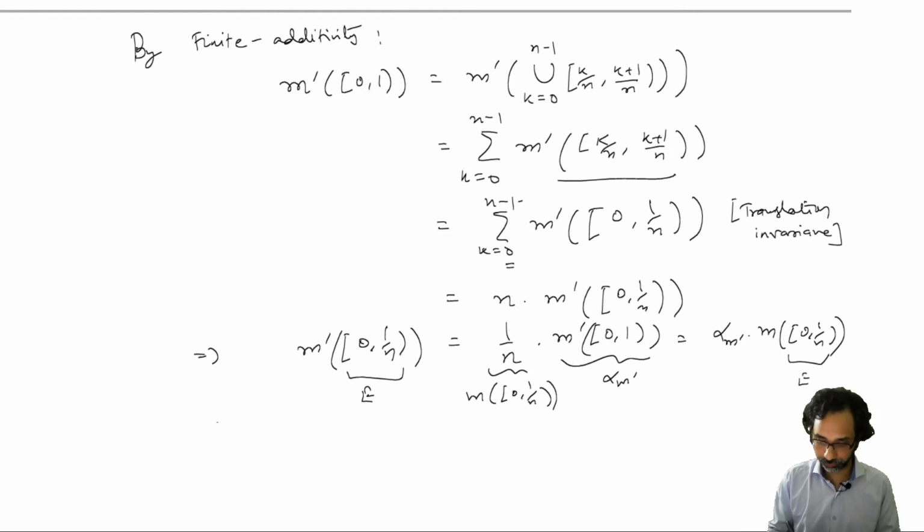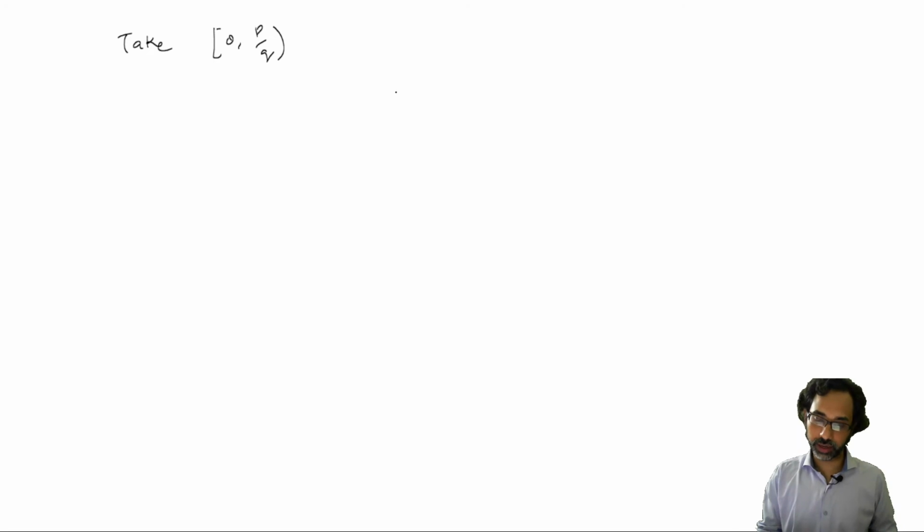Now I am going to do the same thing, but for the set 0, p over q. So we have done it for 1 over n. Now we are going to do this for every positive rational p over q.